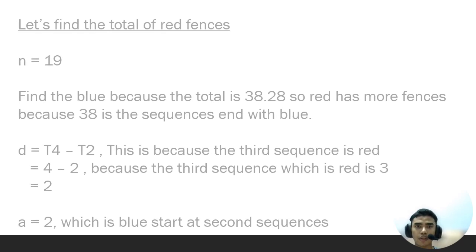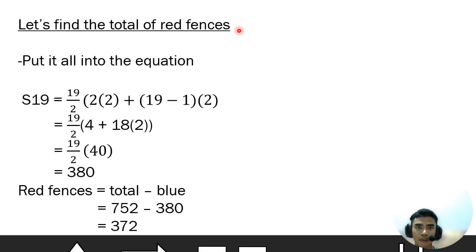So let's find the total of red fences and put it all in the equation. S19 equals 19 over 2 times (2 times a, which is 2, plus (19 minus 1) times 2). Multiplying the brackets, we get 4 plus 36, which is 40, and 19 over 2 times 40 equals 380.